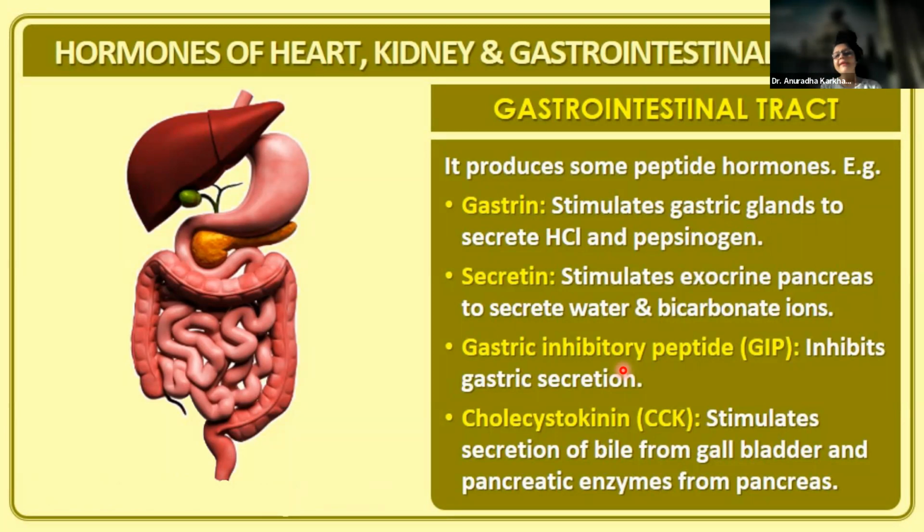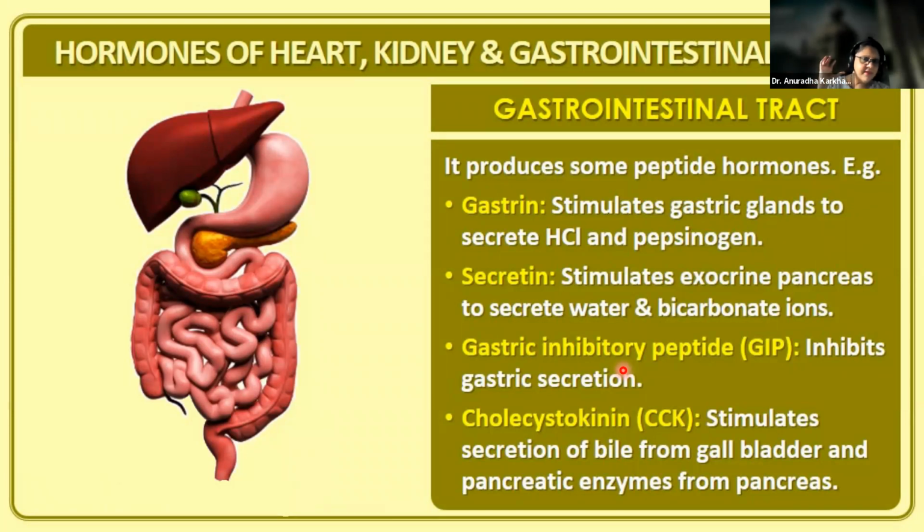Secretin stimulates exocrine pancreas to secrete water and bicarbonate ions. Correct? GIP, gastric inhibitory peptide. From the name itself you can tell, it will act on the gastrin to stop its production. So it inhibits gastric secretion.